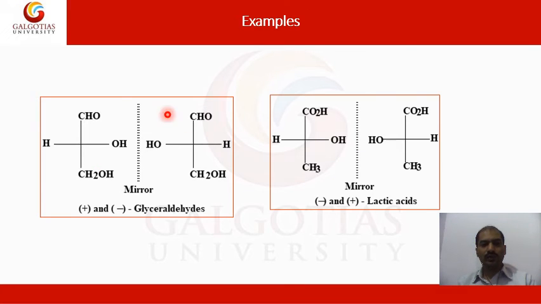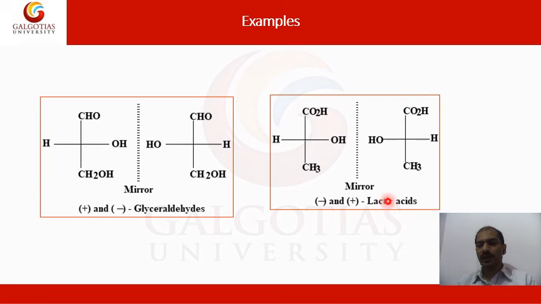Here a number of other examples are also given, like glyceraldehyde, where plus means dextrorotatory and negative means levorotatory. This is generally represented as rectus and sinister. So these are big terms representing rotation in the clockwise direction, and anti-clockwise direction, to rotate the plane of polarized light.